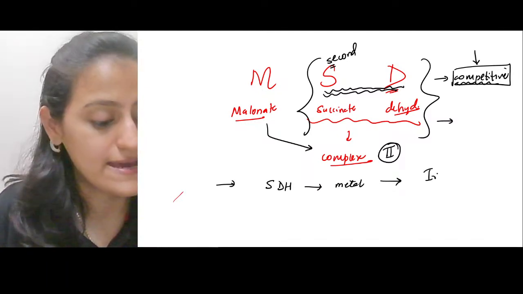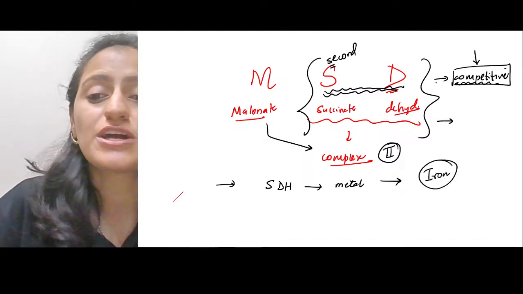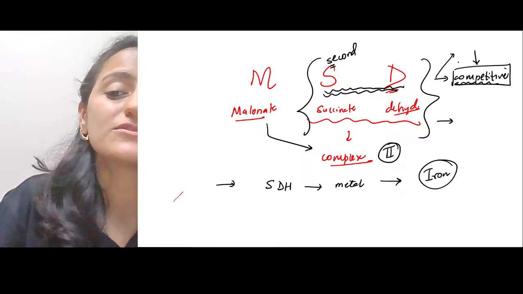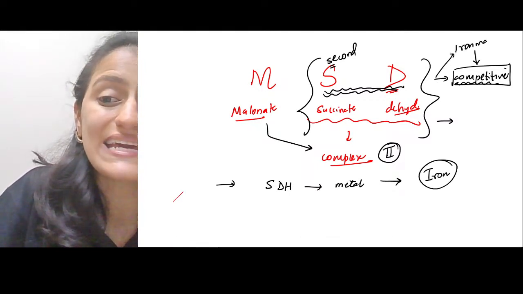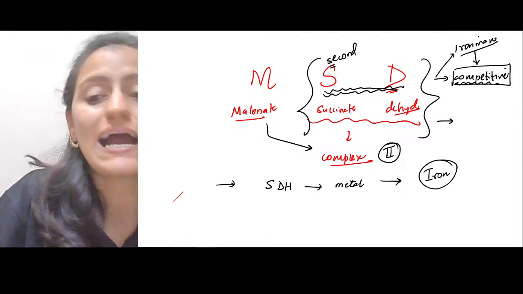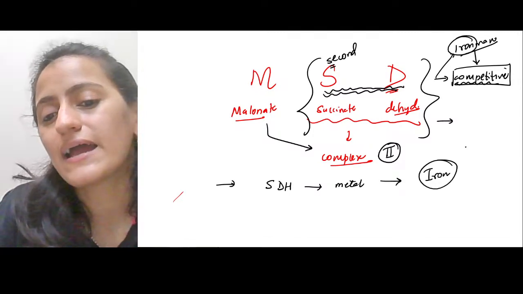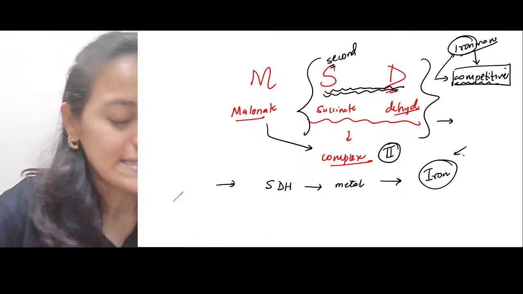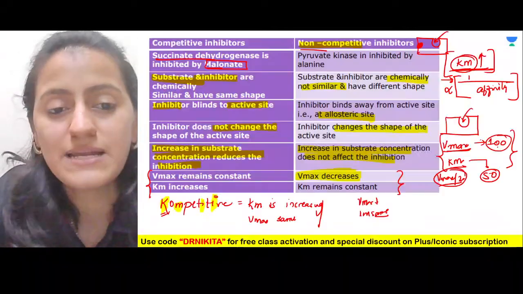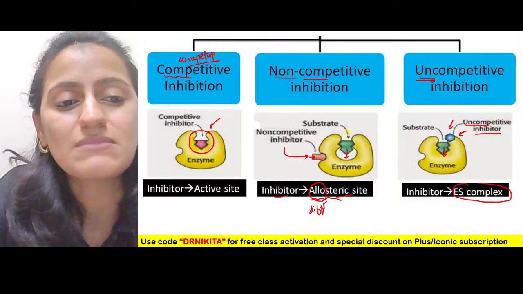Right, it is iron. Remember it is iron. So you can remember this as MS Dhoni is competitive and MS Dhoni is like an Iron Man, strong like an Iron Man. So remember it is iron. Iron is the cofactor for succinate dehydrogenase, right? So yes, that completes the topic of enzyme inhibition.